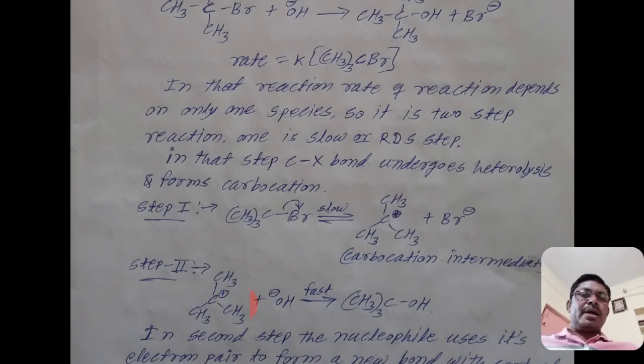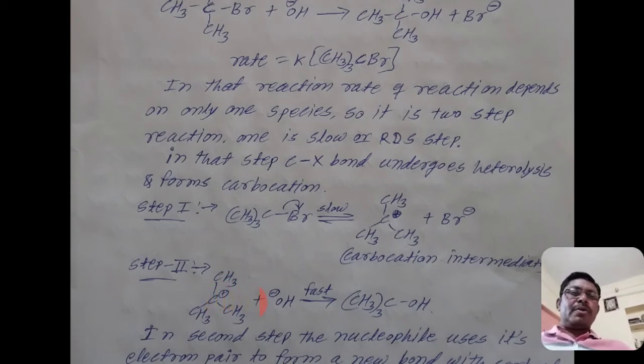That carbocation intermediate is attacked by a nucleophile in the second step. When the carbocation is formed, the bond between the halogen atom and carbon is broken, and then the nucleophile attacks that species. The second step is a fast step.